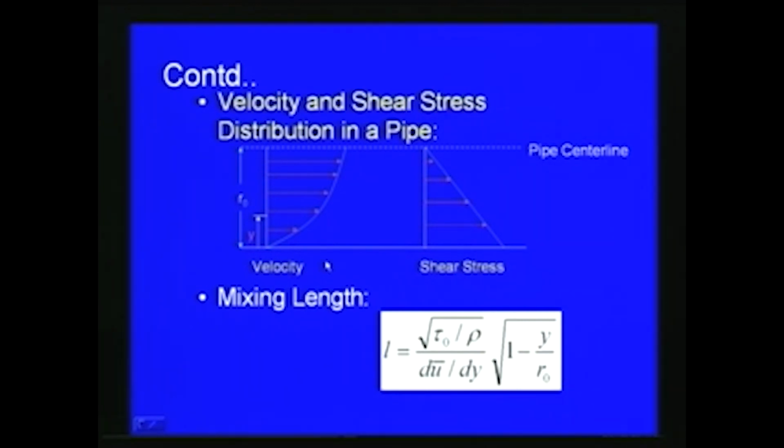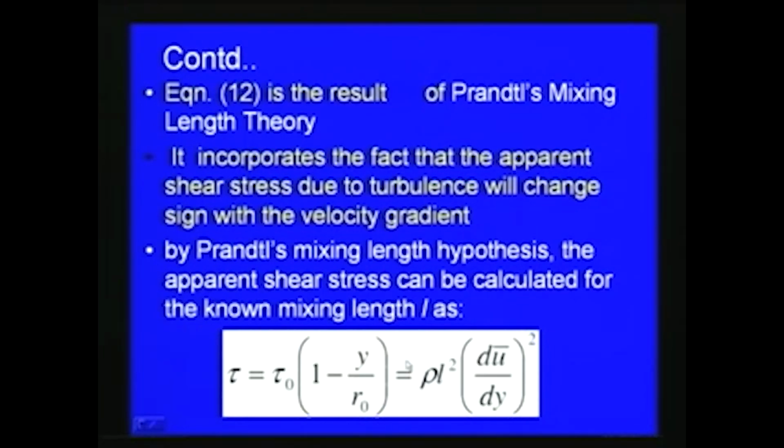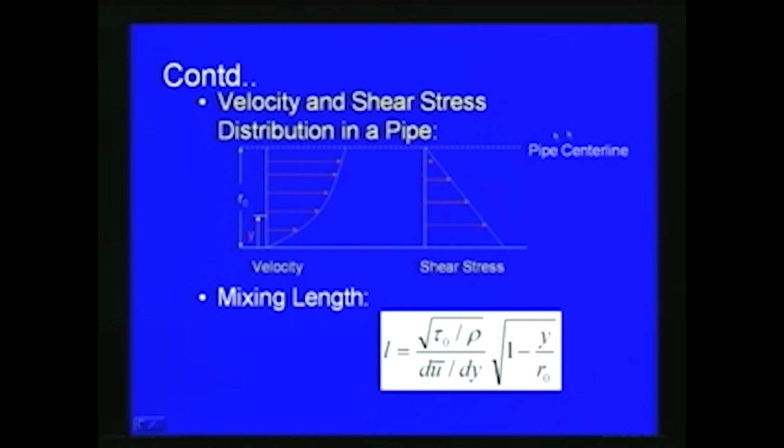So, if we consider this in comparison with the pipe flow and the parallel flow which Prandtl considered, we can write tau is equal to tau 0 into 1 minus y by r 0, where tau 0 is the shear stress on the boundary. That is equal to rho L square into du bar by dy square. So, this is in comparison with the pipe flow as explained here.